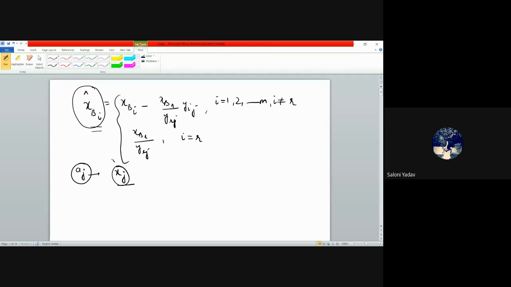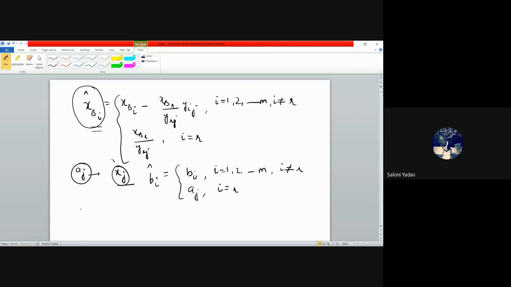Using the previous ones and whatever we have come across, we are doing it with the help of this, right? And using this only, we had seen that even our BI caps, the values which these variables will take, will be the same as the old ones for 1 to M, but I different from R, and this was AJ when I was equal to R. These are our new variables, the basis.